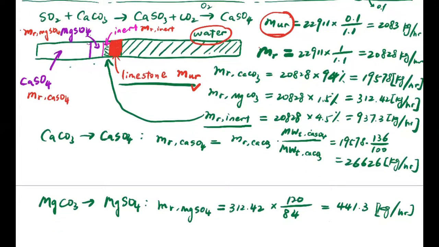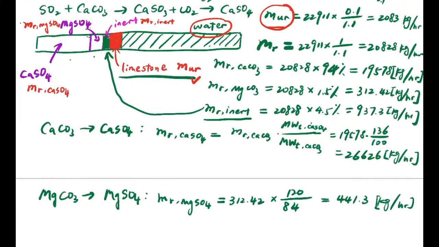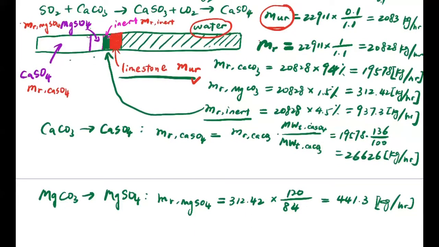And then we were able to calculate what is the inert that's in the reacted limestone. So that is this amount here, okay? And then in the reacted limestone, we were able to calculate what is the formation rate of the calcium sulfate, right? The calcium sulfate is here.